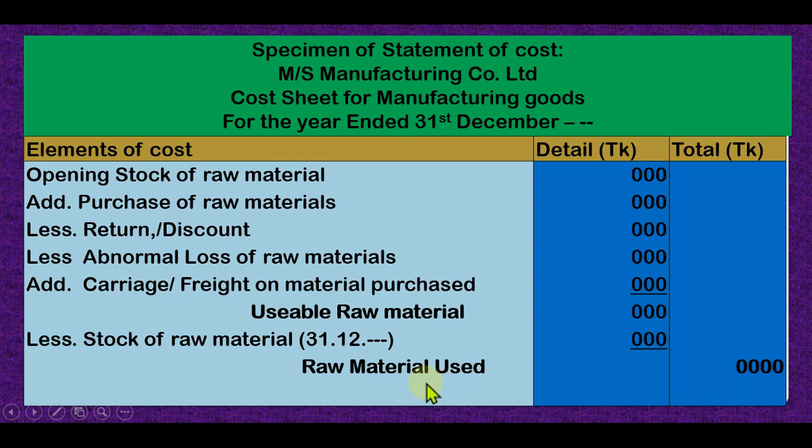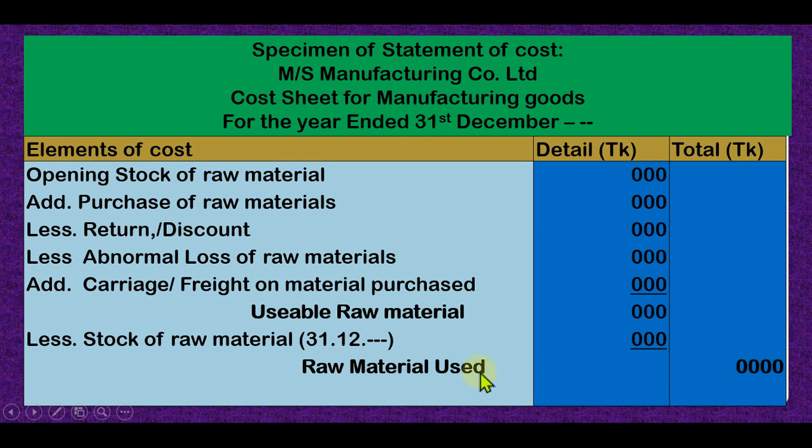Dear student, nowadays you are in the creative age. So at this time, you know that full math will not come. It will come like this in the exam: for requirement A, find the amount of raw material used. So if you can learn this formula, you will find the data from the question, you will write the amounts, and after addition or subtraction you will find the amount of raw material used.